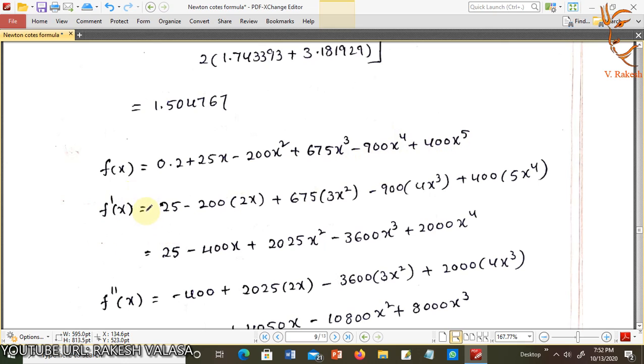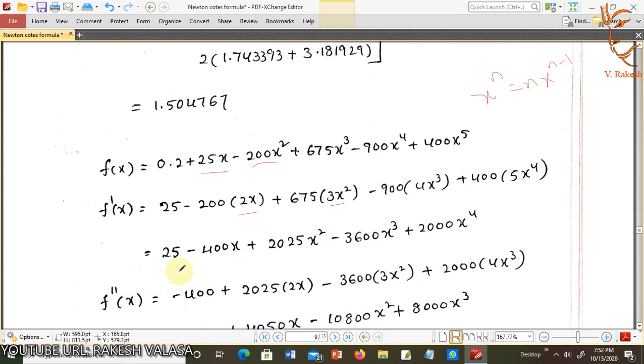First derivative is the derivative of this function with respect to x. 0.2 derivative 0, 25x derivative 25, 200x square derivative 200 into 2x, 675 constant, x cube derivative 3x square. We know the formula for derivative, x to the power of n equal to n into x power n minus 1. 900 into x power 4 derivative 4x cube plus 400 into x power 5 derivative 5x power 4.